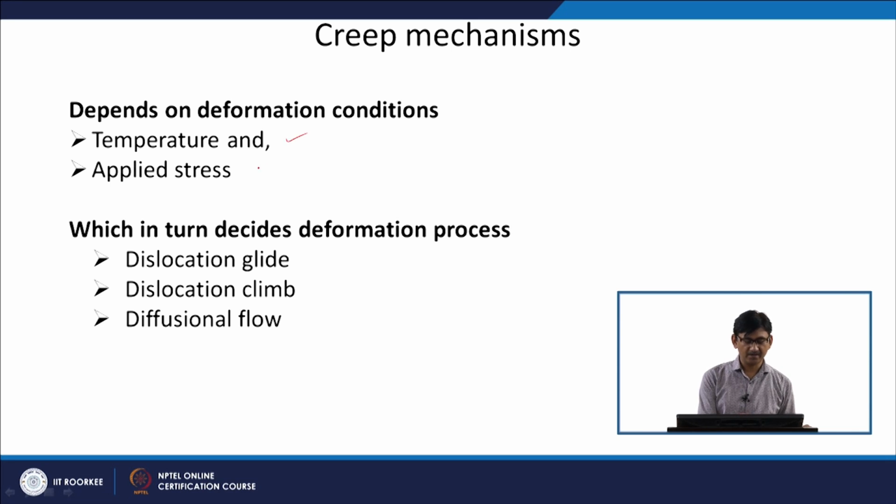Depending upon temperature and applied stress, there are different deformation mechanisms operating. Whether the creep is dominated by dislocation glide, by dislocation climb, or by diffusional flow is decided by your deformation conditions.